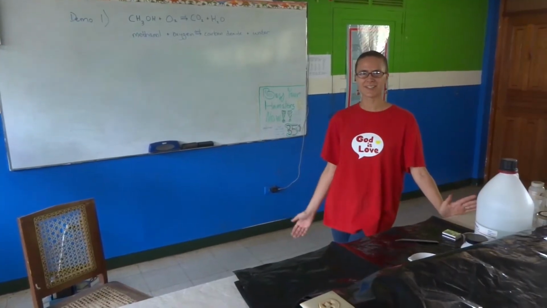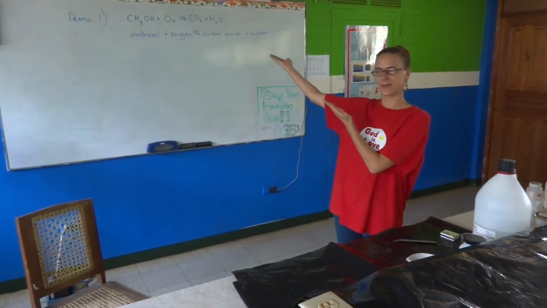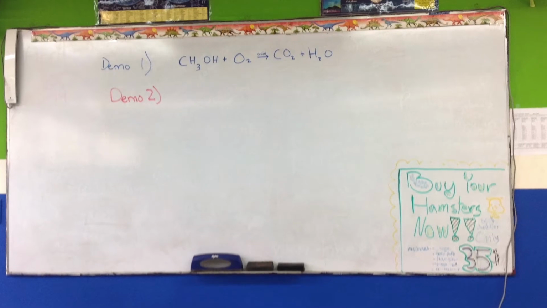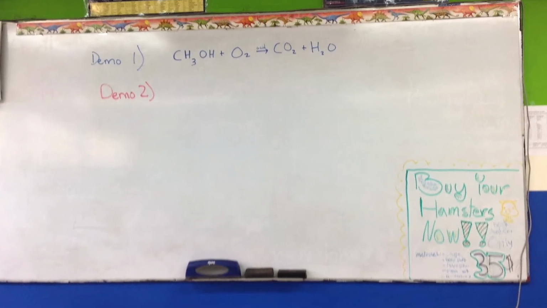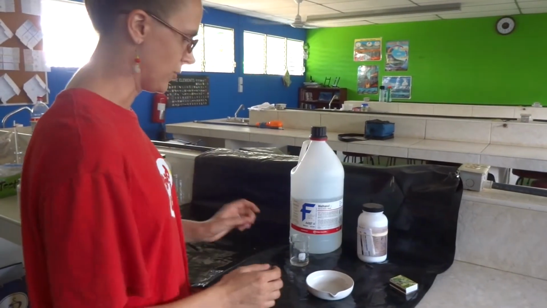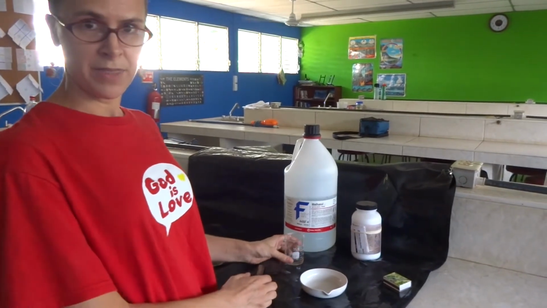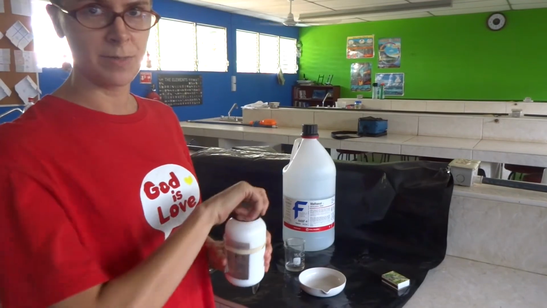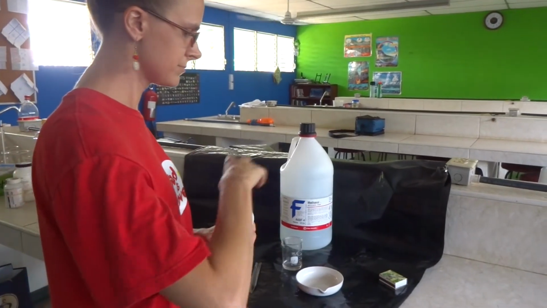Okay, for our first demonstration, this is your chemical equation. I want you to copy that equation down, and then we are ready for the demonstration. So we are going to burn some methanol for our first demonstration, and just for fun, we're going to add a little bit of boric acid.